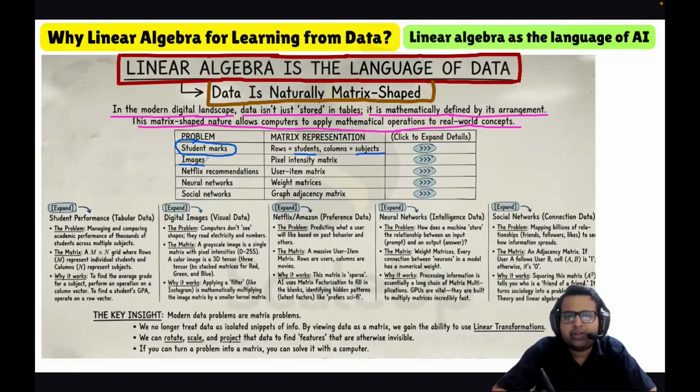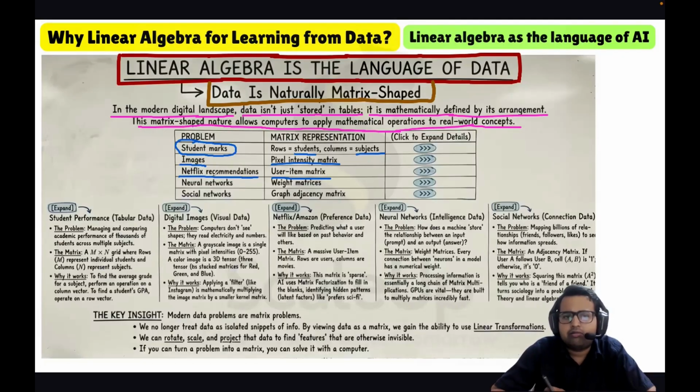Similarly, if we talk about images, the pixel intensity matrix is a matrix representation of an image. If I talk about Netflix recommendations, we can represent them using something called a user item matrix.